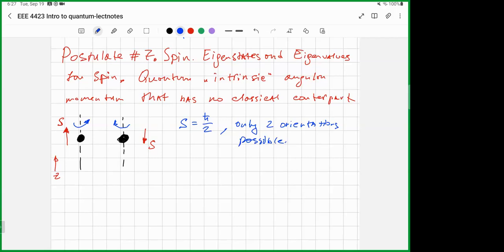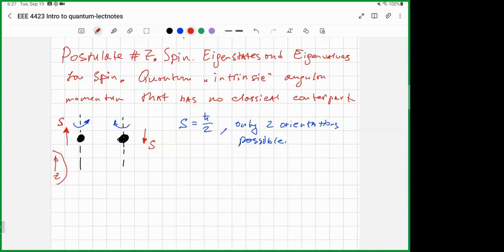So what does it mean? It means that for a given axis, so I put this axis z here, right? For the given axis, and this axis is naturally given by the setup, like the experimental setup, or by the direction of the magnetic field, because spin interacts with the magnetic field. So this direction is defined somehow.